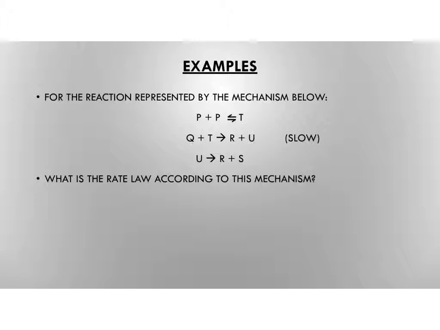All right, so I know that was a lot, so let's actually do it. So first we want to write the rate law of the slow step. So, stoichiometry of the slow step: rate equal K, and then Q to the first power, T to the first power. Okay, so that's our first step. But here, as I said a while ago, T can't be in the rate law.